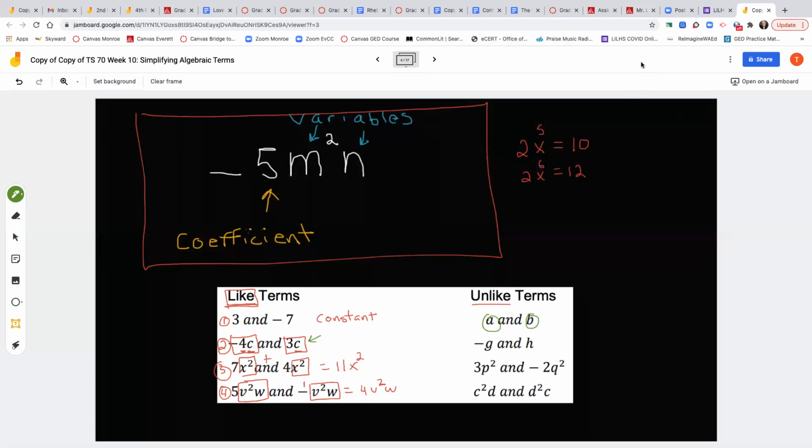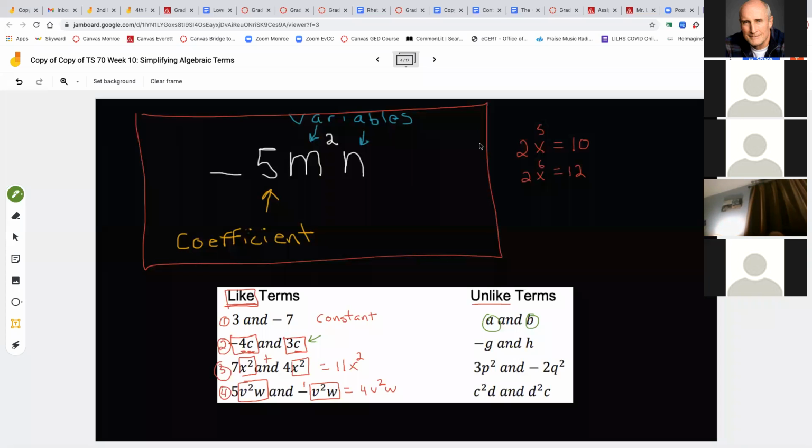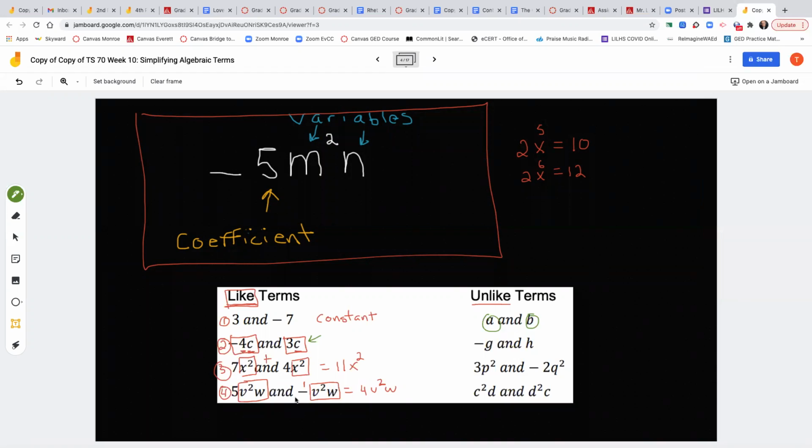All right. So having said that, I think I'm just going to shrink this, guys. Negative g and h are unlike terms because the variable is different. So we can't add those together.